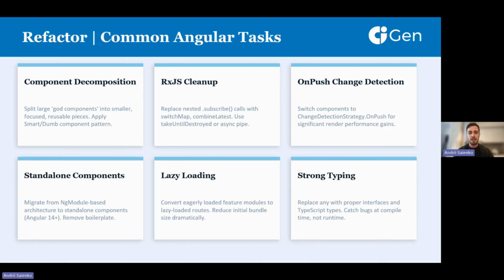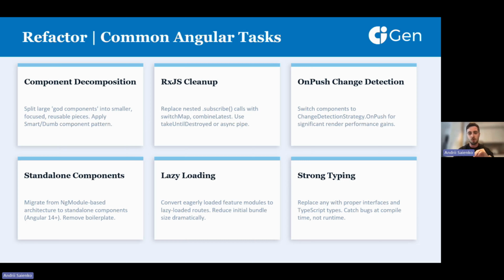Okay, the next one is OnPush change detection strategy. It's the quick win that can dramatically reduce render cycles, often cutting the CPU usage in half for data-heavy UIs. Standalone components are the future of the Angular component model.